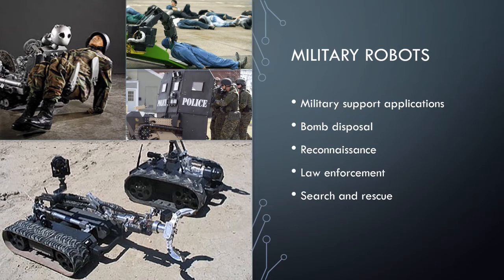You can see some different examples here, especially some of the search and rescue robots. There's almost a little mini tank here or a defense unit, with different attachments, so they can be used for a lot of different applications as well, so that we are not placing human lives in danger.